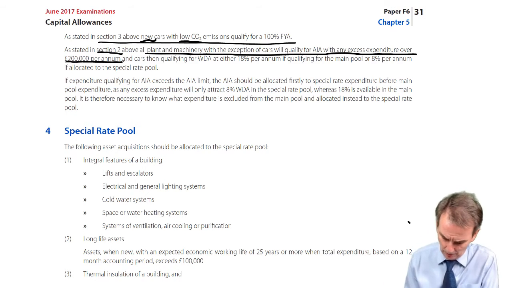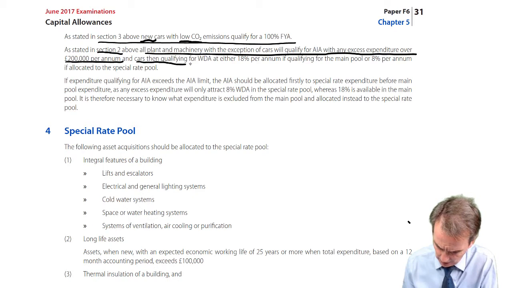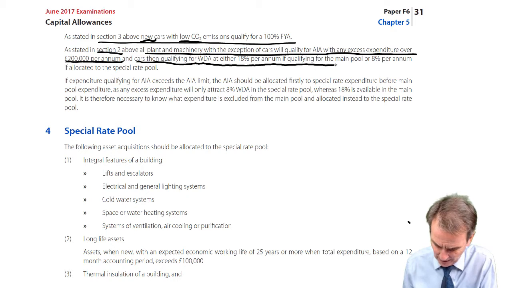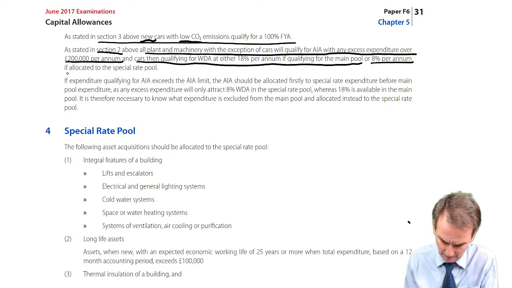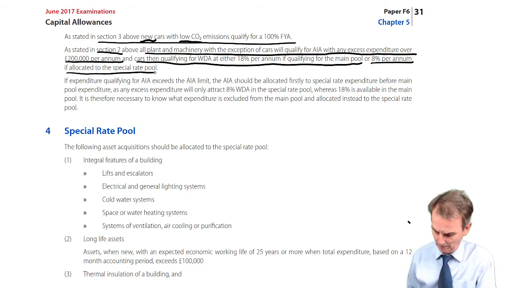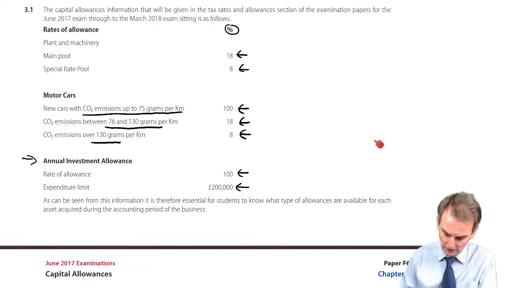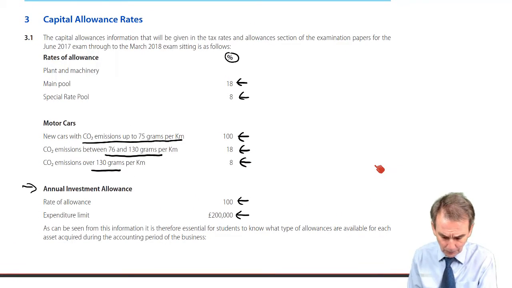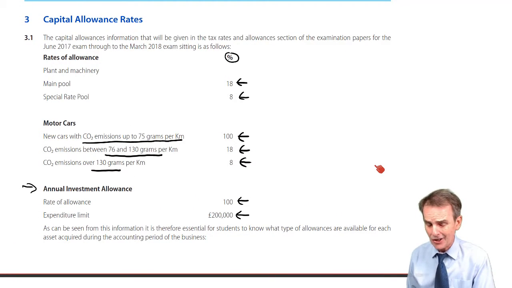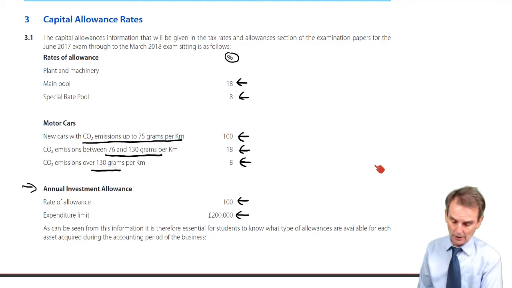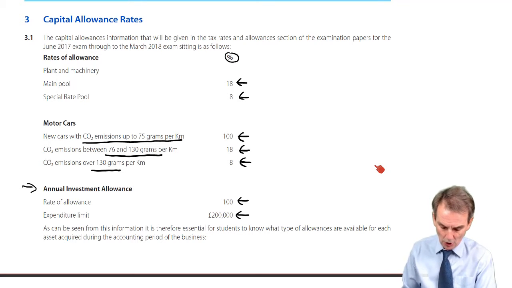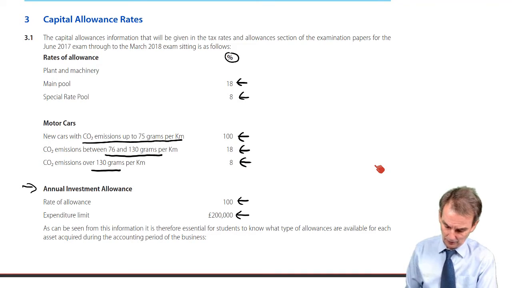What we also get WDA on is cars, qualifying for writing down allowance at either 18% per annum if qualifying for the main pool, or 8% per annum if allocated to the special rate pool. Again, if we look back to what we were finishing with last time, we know from the capital allowances rates information provided to us in the examination what these various things are for cars.